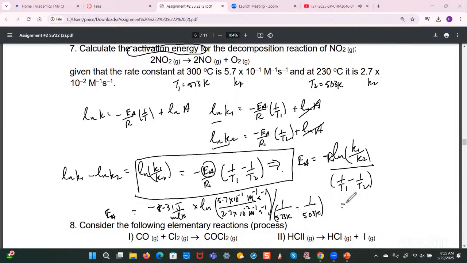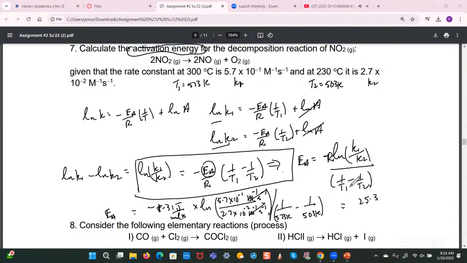And now we have to do the number crunching. So let's see here. What shall I do first? I'm going to do what's in the parentheses right here. So 5.7 times 10 to the minus 1 divided by 2.7 times 10 to the minus 2. And then I'm going to find the natural log of that. And then I'm going to multiply that by 8.31 negative. So the top part I got is 25.3. And the units for that would be, well, these units will cancel out.